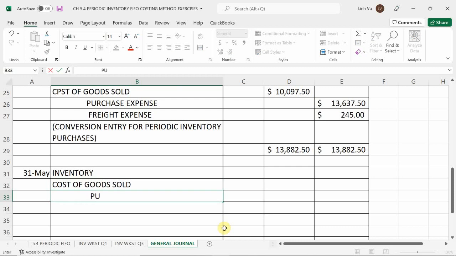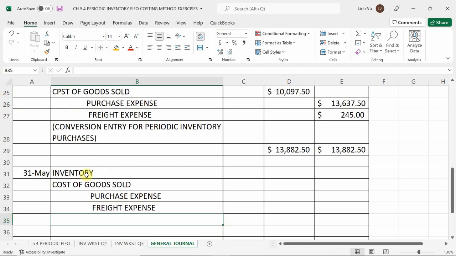Purchase expense. What else? Anything else I need to add in here? A note. A note. Okay. I'll go ahead and leave it blank for a bit and then we'll figure it out, okay?